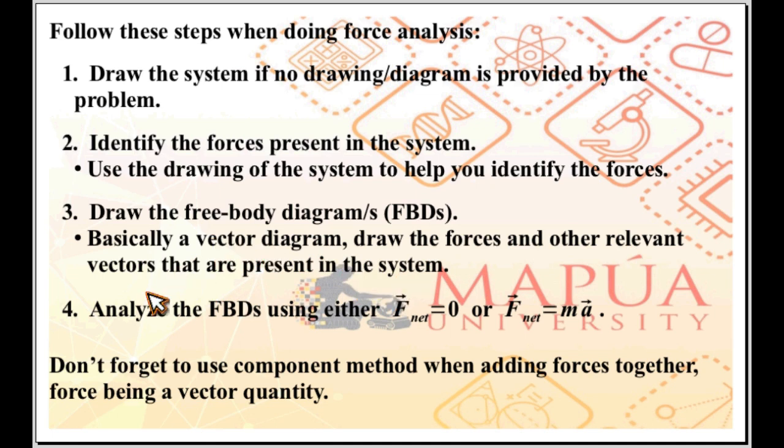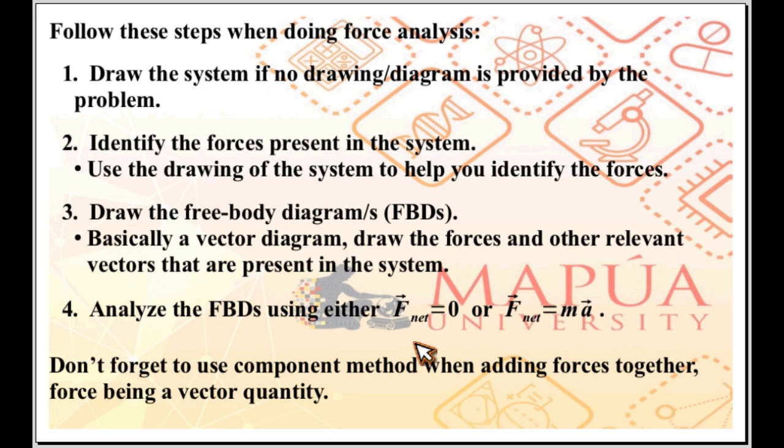And then finally, analyze the free body diagrams using either F net = 0 for an equilibrium system or F net = ma for an accelerating system. And don't forget to use your component method when adding forces together when doing net force.